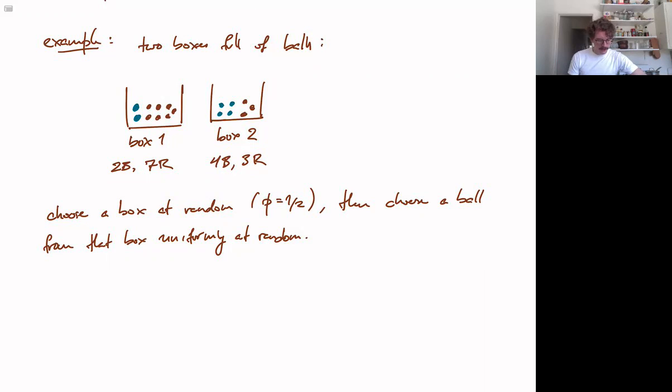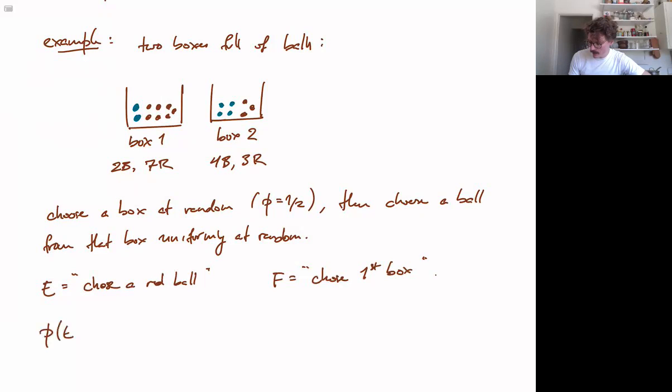So our warm-up question, let's say E is we chose a red ball. And F is the event that we chose the first box. So what is the probability of E given F?